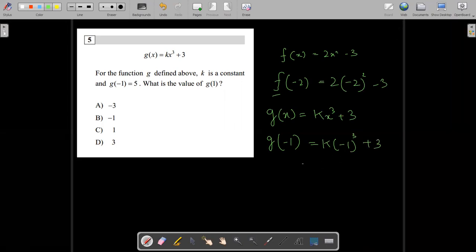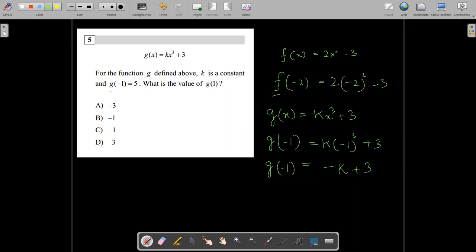You know, when you have a negative number with an odd power, it will always be negative, and a negative number with an even power will always be positive. So it'll be -k plus 3.